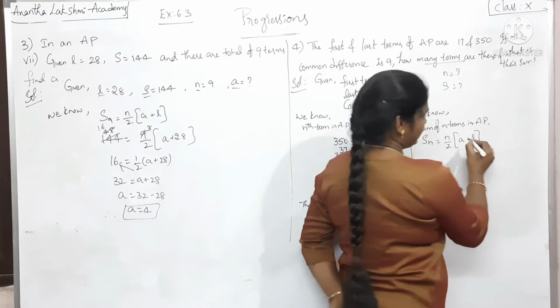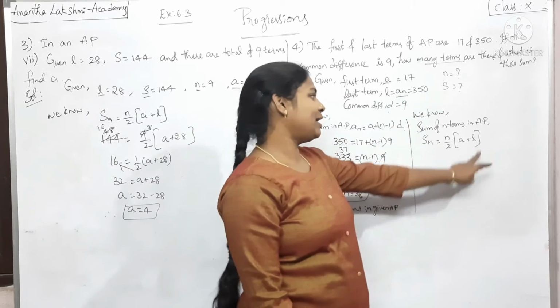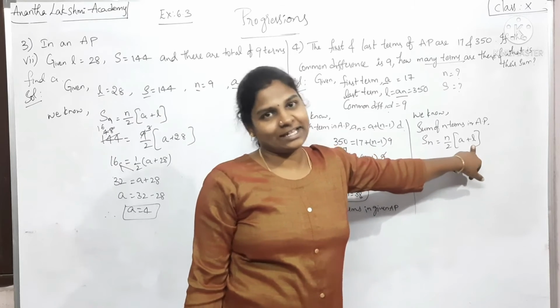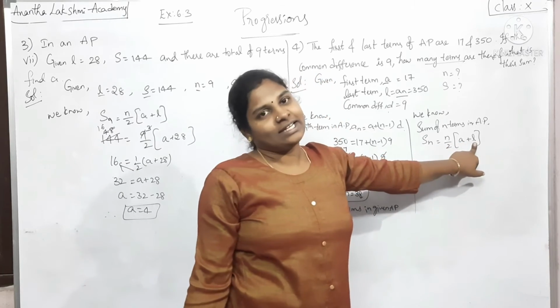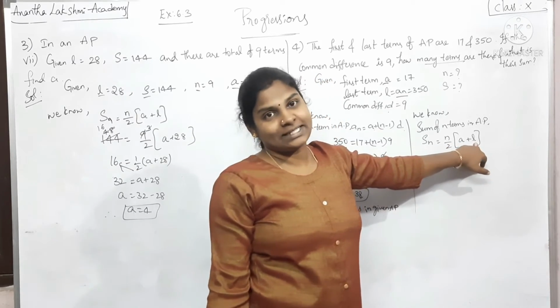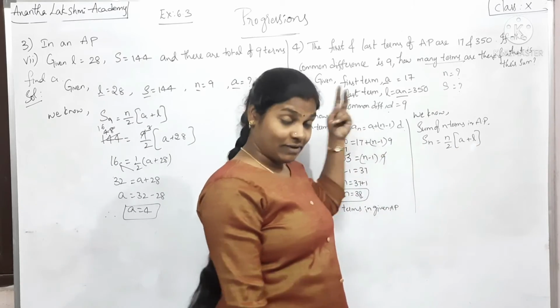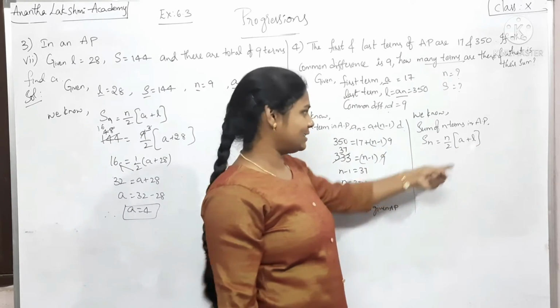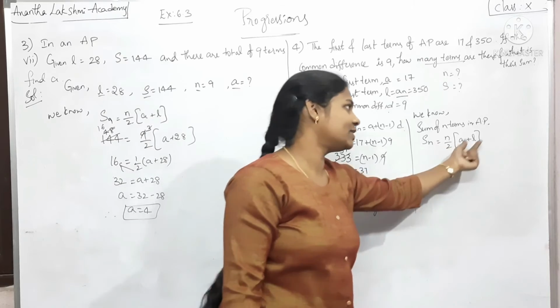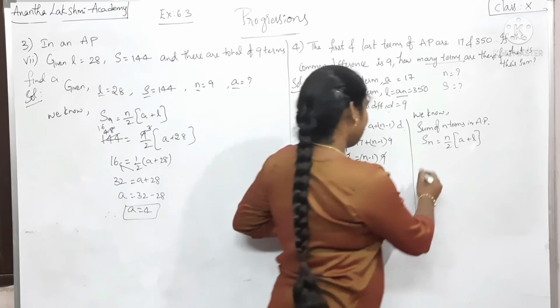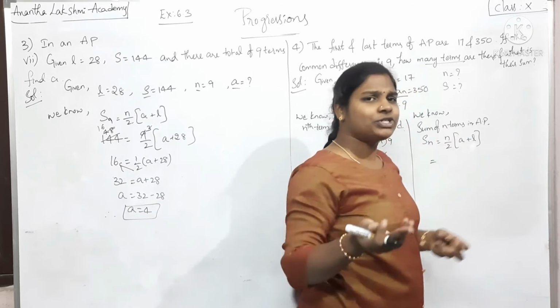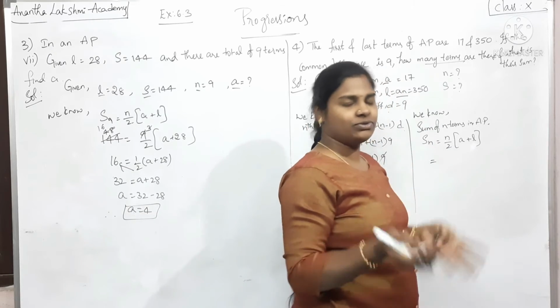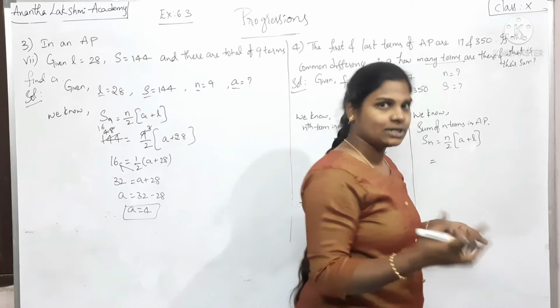The last term and first term are known. So why am I doing this? I can reduce this calculation, because if I write 2A plus (n minus 1) into D, again I have to do the calculation. That's the reason I simply put the first term and the last term over here. If you still wish to go with the classic formula of n by 2 into (2A plus (n minus 1) into D), you can still go on with that.